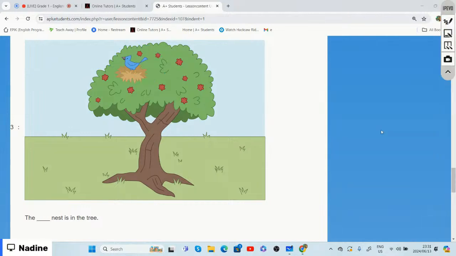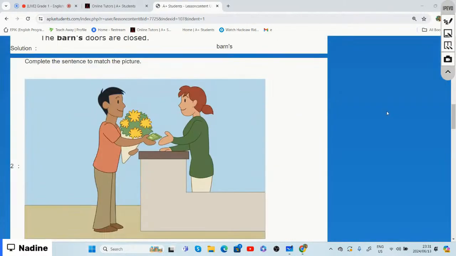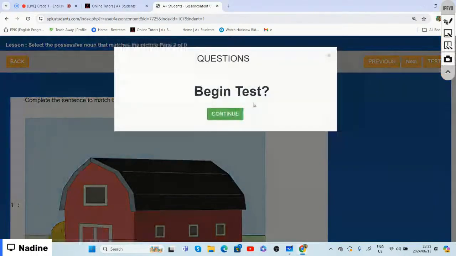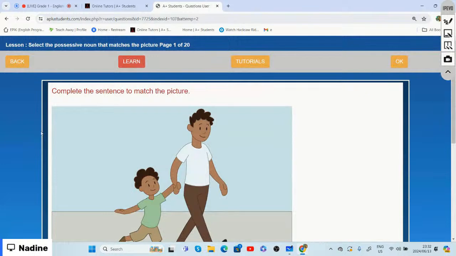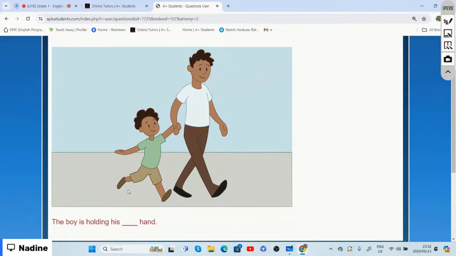All right, so now we're going to our test. We are going to complete the sentence to match the picture. If we look at this picture, dad is holding the child's hand.